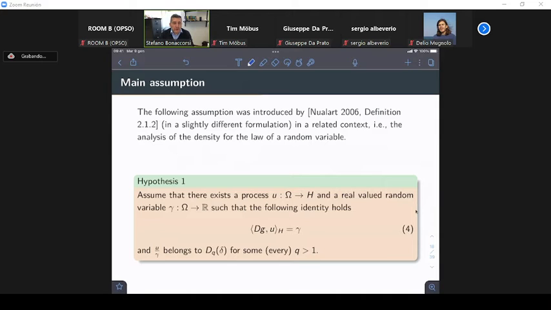And so we use this hypothesis that was first introduced in a different formulation, in a related context and not in the same problem, by Nualart, that is: given g, I want to prove that there exists a process U and a real valued random variable where the identity 4 holds.